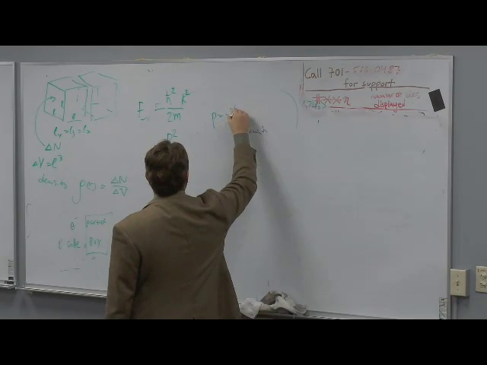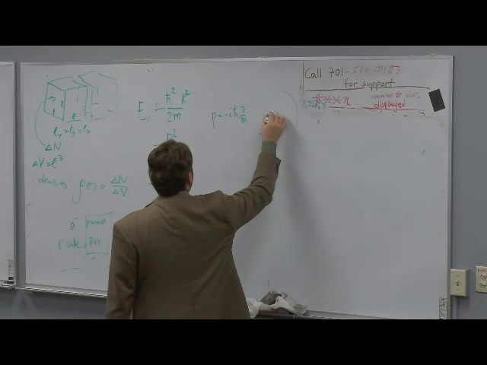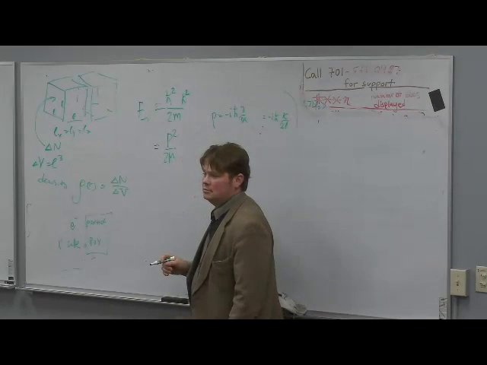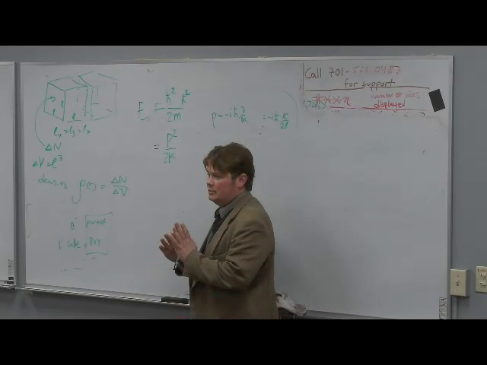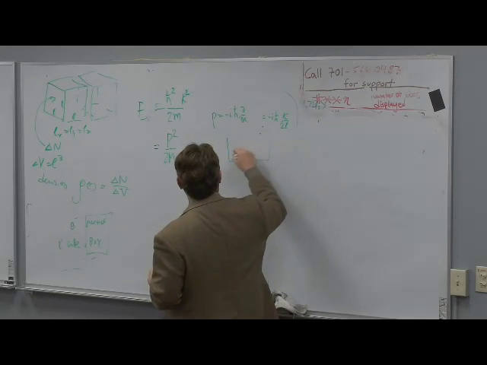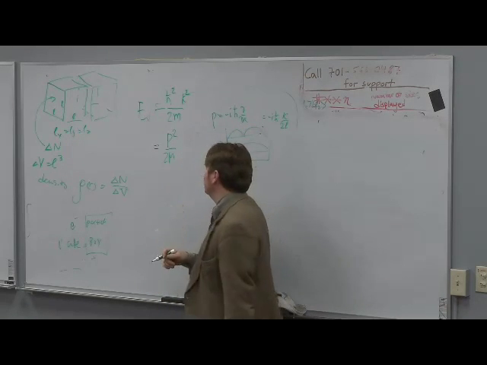Momentum is minus i h bar d/dx, or minus i h bar k over 2L, where k is the number of nodes, so there will be states with 1, 2, 3, and more nodes, and the energy is quantized.